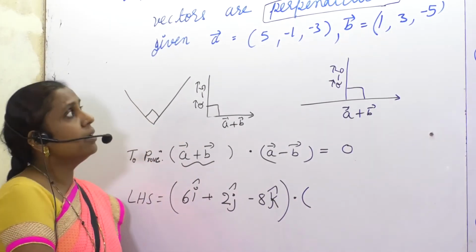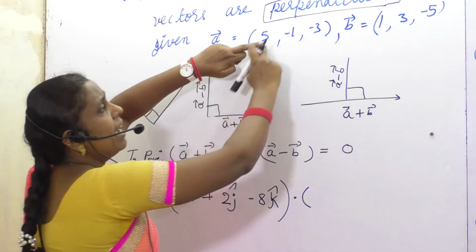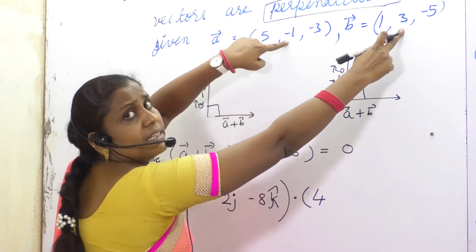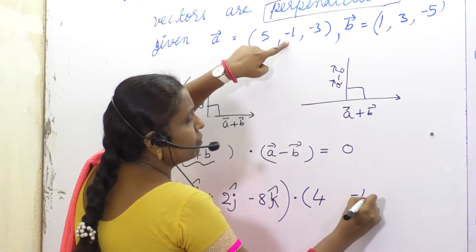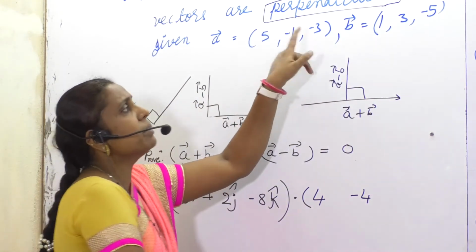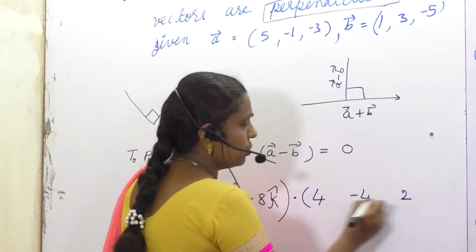A minus B. 5 minus 1, this is 4. Minus 1 minus 3 is minus 4. Minus 3 minus of minus 5, that is plus 5, minus 3 plus 5 is plus 2.